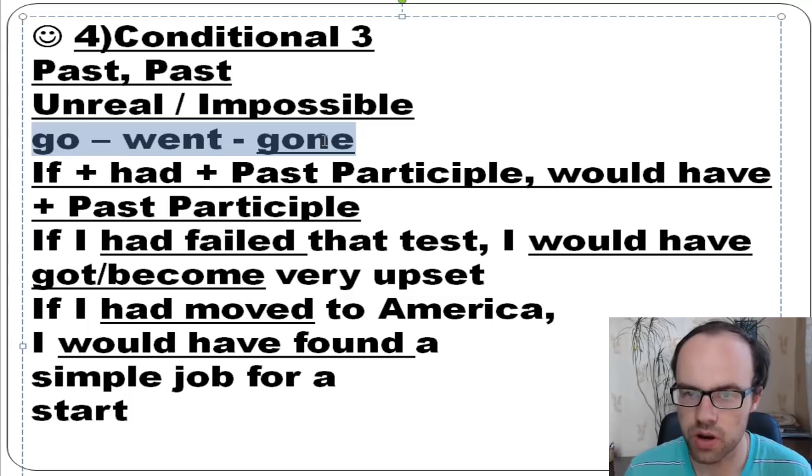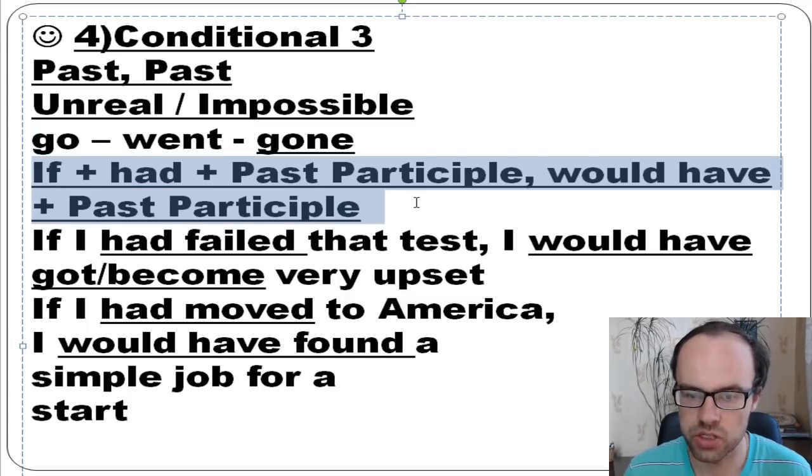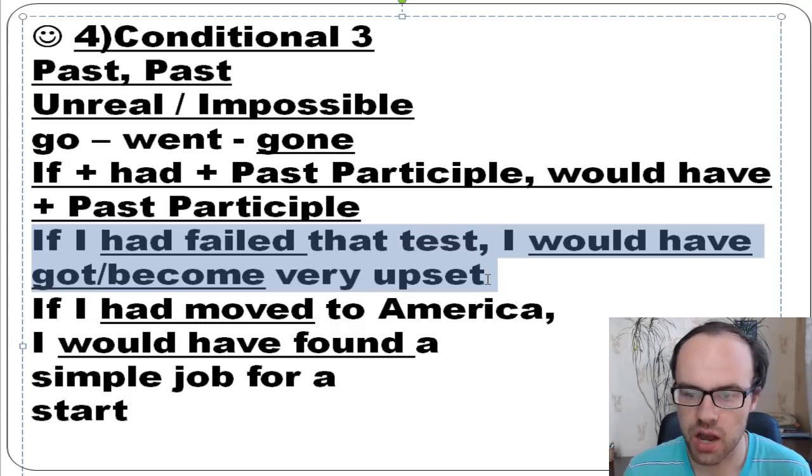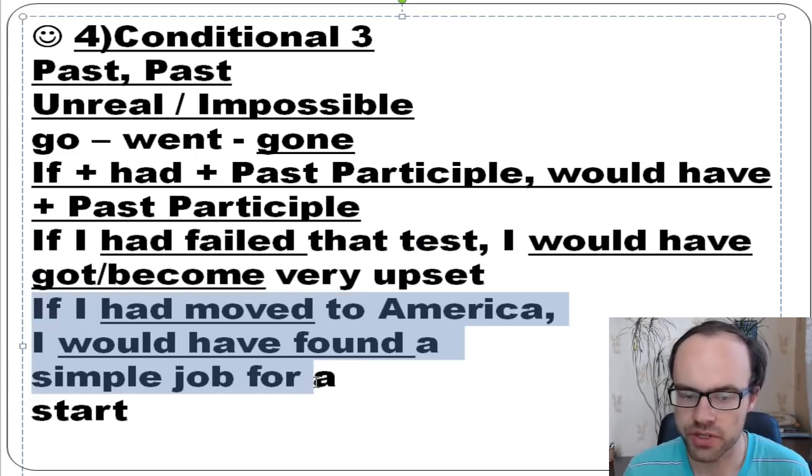Gone is past participle, okay? So if plus had plus past participle, we see it in the first part, and we see would have plus past participle in the second part. Look, if I had failed that test, I would have got very upset, or I would have become very upset. Okay, one more example. If I had moved to America, I would have found a simple job for a start.